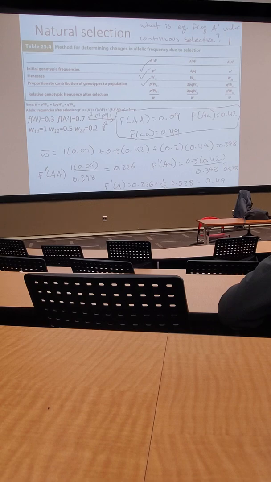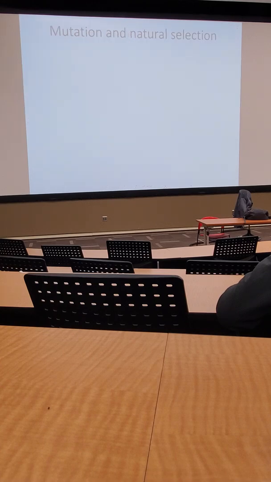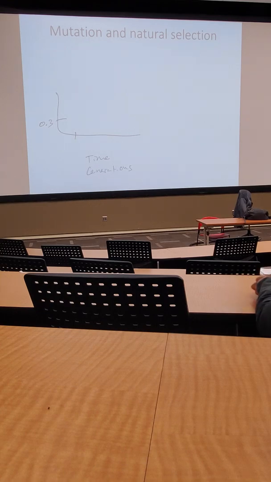This allele will fix. Is that likely in a real population? No, not really. But if you just follow the math, that's what will happen. Any questions on that? I'll draw it here and then erase it. Starting here at 0.3, this is time in generations. You guys actually saw this in Draw to Learn week 1, right?